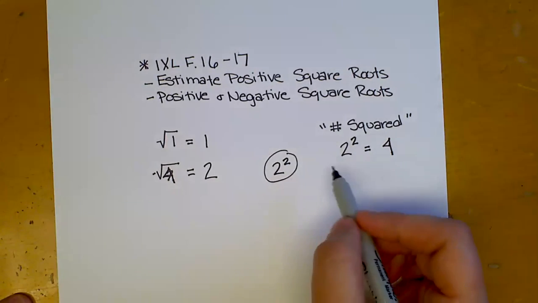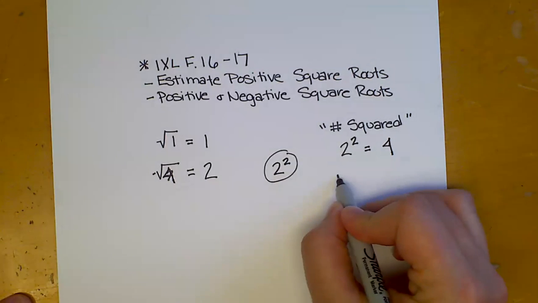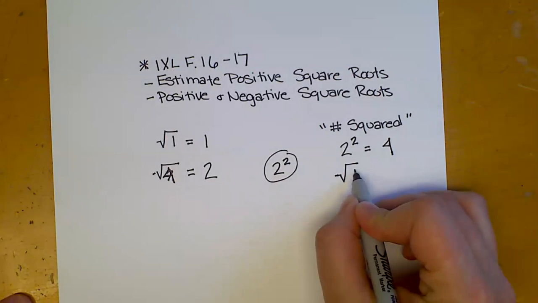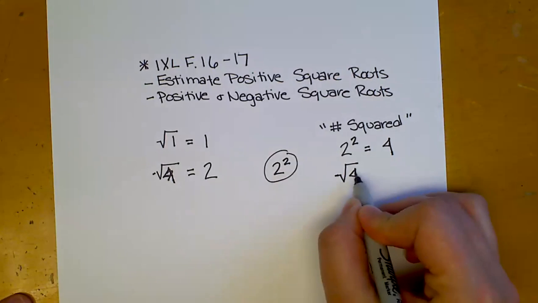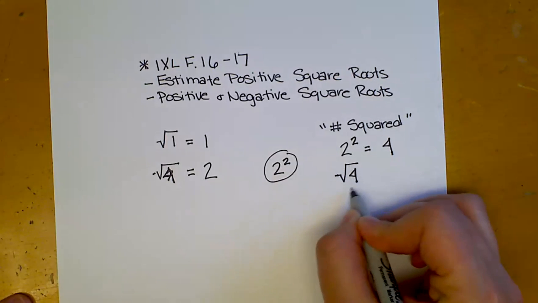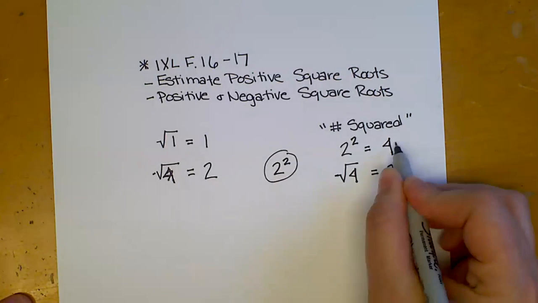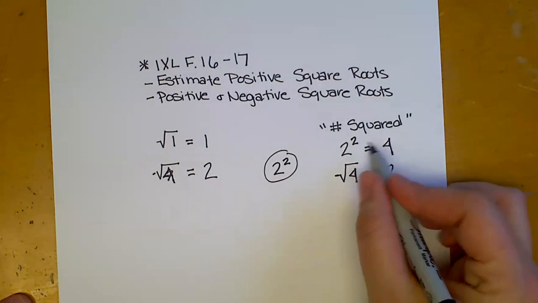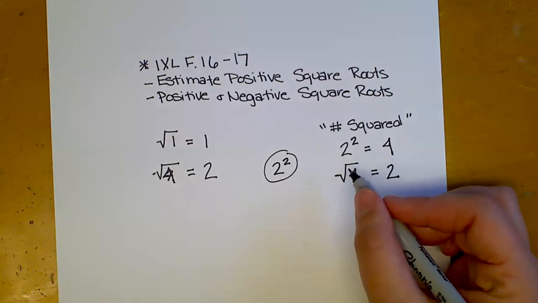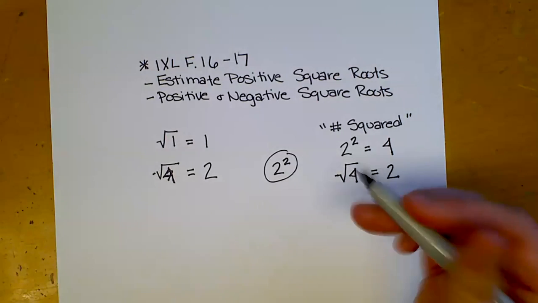So if we do the inverse of that and we do the square root of 4, meaning what's the number that you have to square to get 4, we get 2. So this is a flip-flop way of saying the exact same thing. And so that terminology hopefully will become familiar to you.